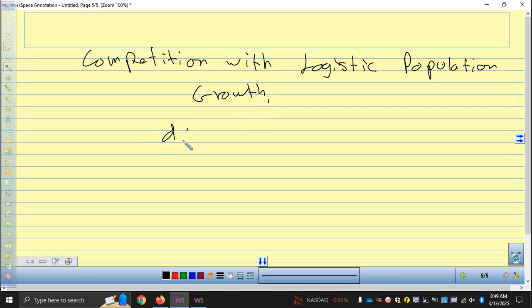we would have dx1/dt equals ax1 minus bx1 squared. That's the logistic model where we have the squared term. This is what we talked about at the end of last chapter. Minus our interaction term, cx1x2. And then our other equation would be similar.